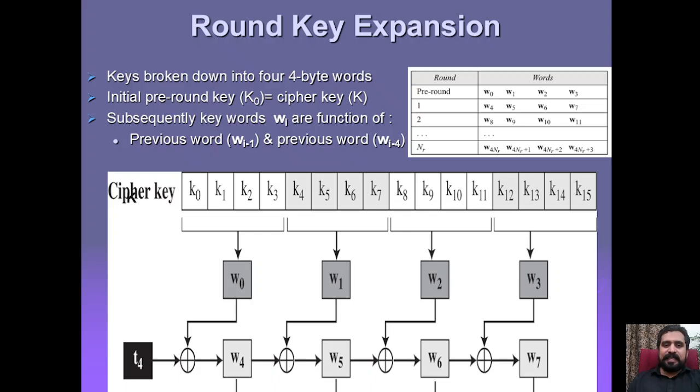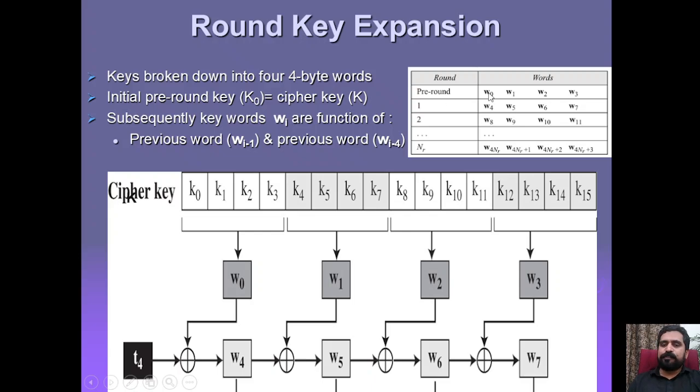In the AES 128 variant, where we use 10 rounds, there are 44 words. Different variants contain different numbers of rounds and use different numbers of words.